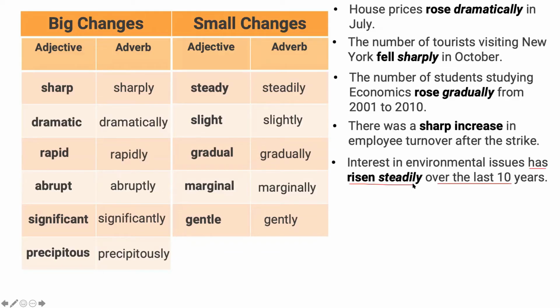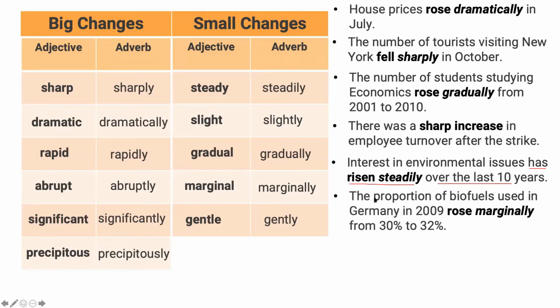Has risen steadily. So make sure you're also keeping in mind the different parts of speech, how the past tense changes to the present perfect if necessary, because this will also impact your score. Here we see the proportion of biofuels used in Germany in 2009 rose marginally from 30% to 32%. So notice how it's very small. You wouldn't use dramatically for something like this. Marginally is a great word.